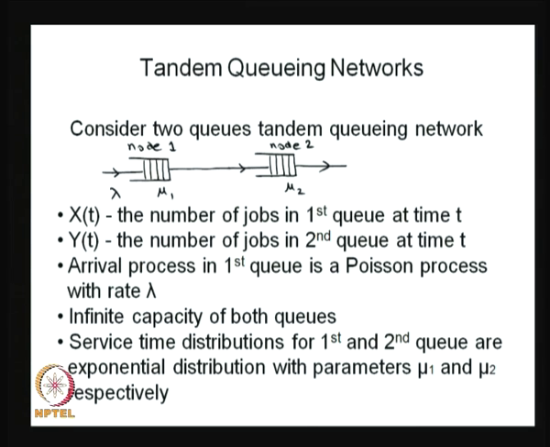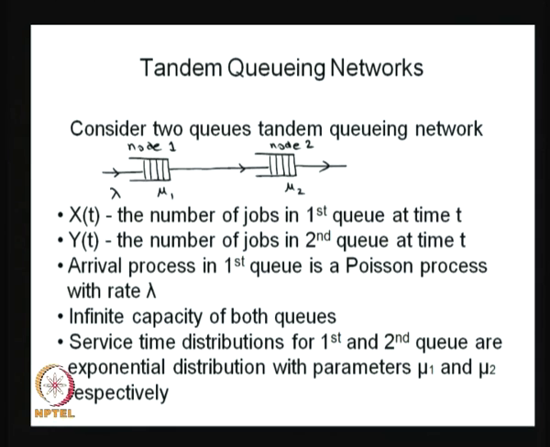That vector is a random vector at any time t, and if you collect it over t, then that is going to be a stochastic process. So, this stochastic process, instead of one random variable, has two random variables X(t) and Y(t), therefore, it is a vector. So, that is a stochastic process {(X(t), Y(t)), t greater than or equal to 0}.